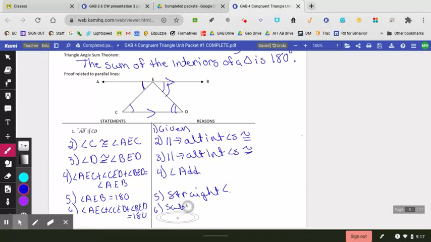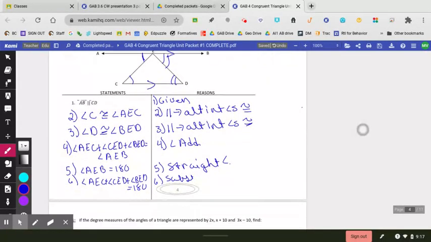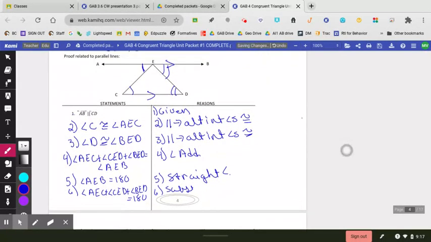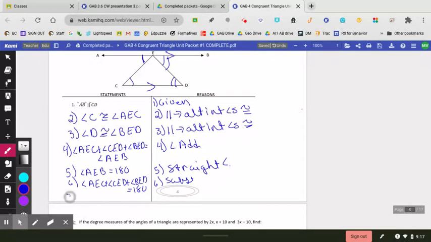And then I'm going to do one more substitution because I know that AEC is equal to angle C. So that's angle C plus, and then CED is part of my triangle, so I'm going to leave that one, plus angle D equals 180. And that proves that the sum of the angles will always add to be 180 degrees. You will not be asked to duplicate this proof.